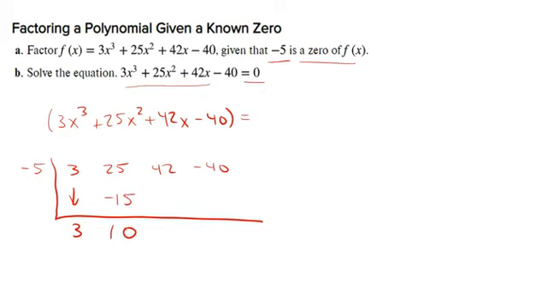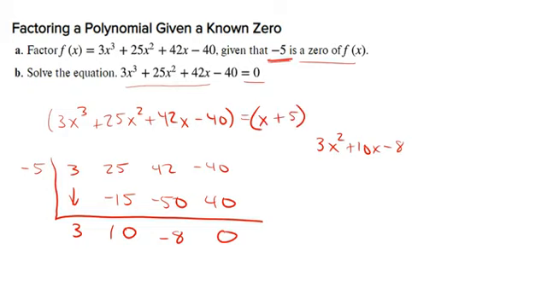When we add, we get 10. Negative 5 times 10 is negative 50, which gives negative 8. Negative 5 times negative 8 is positive 40, which gives 0. Which means we're left with 3x squared plus 10x minus 8. And we know here one of our factors is x plus 5, because negative 5 is a 0. We can use what's left over to factor the rest.